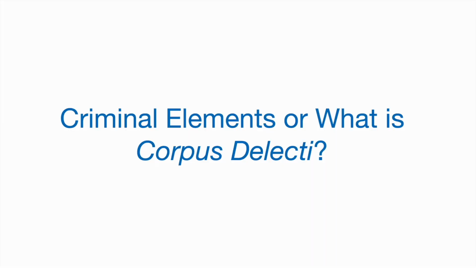People studying law or criminal justice, or working in the legal or law enforcement fields, need to know about the component parts of a crime, also called the elements of crime. You might have heard this referred to as Corpus Delecti. We will also talk about some other Latin terminology, including Actus reus and mens rea.